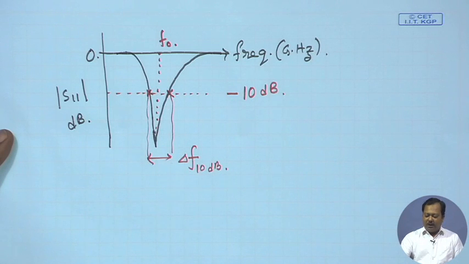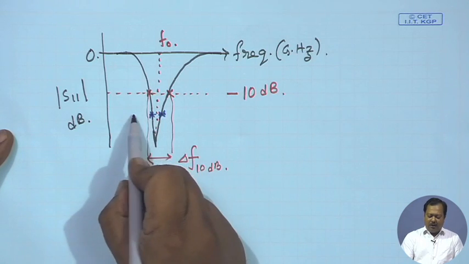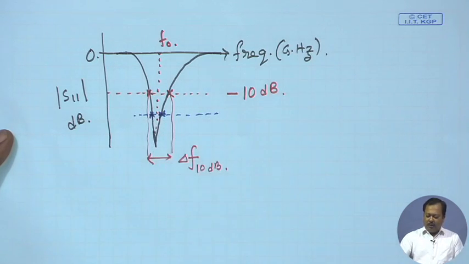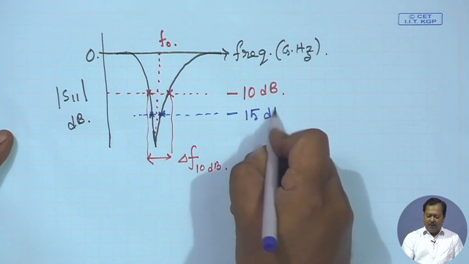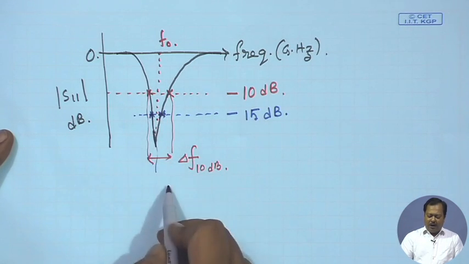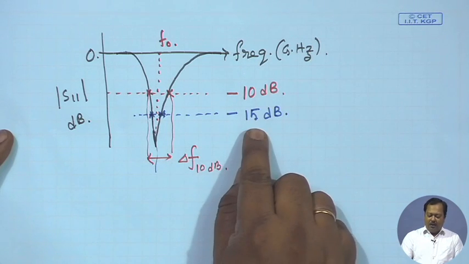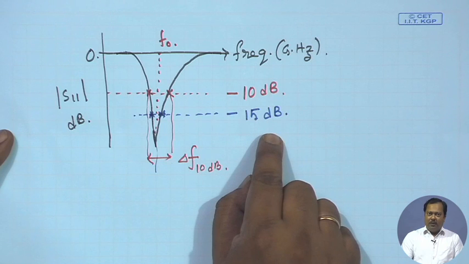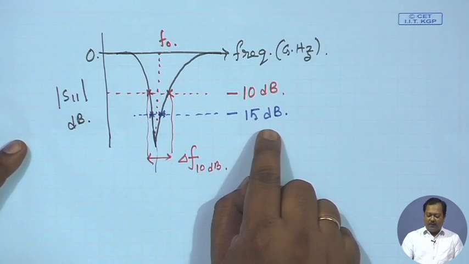But in some applications, a more stringent definition is used. In that case, they do not want even this 10% loss. So, we further decrease it to another level, let us say minus 15 dB. We call it the minus 15 dB bandwidth of the antenna, and if I convert this minus 15 dB to input power loss due to reflection, it comes to approximately 5%.